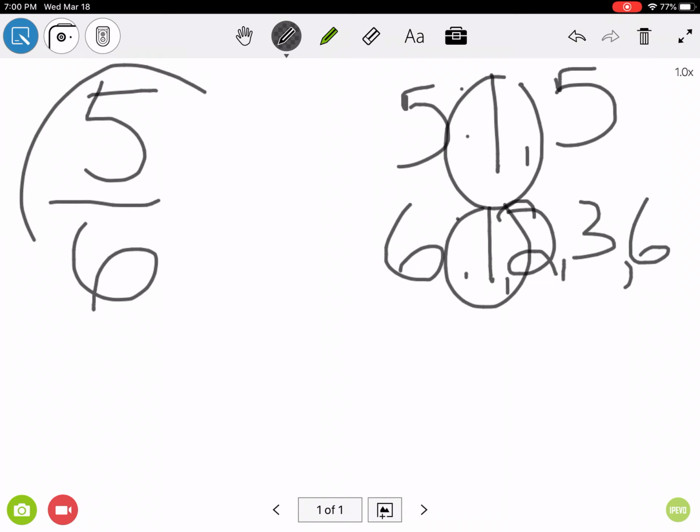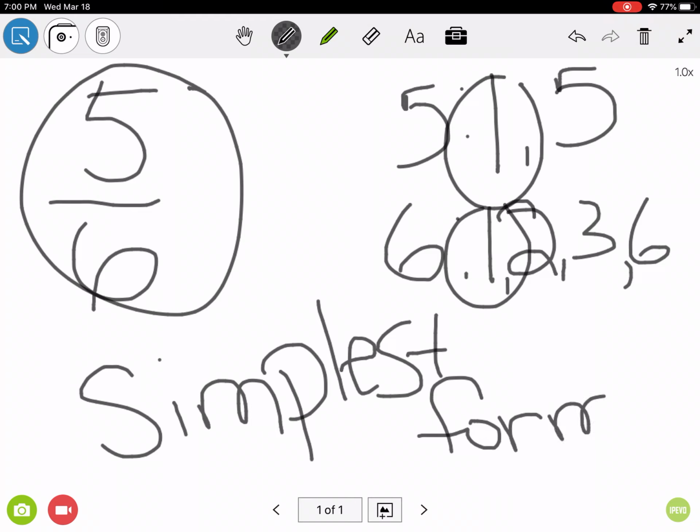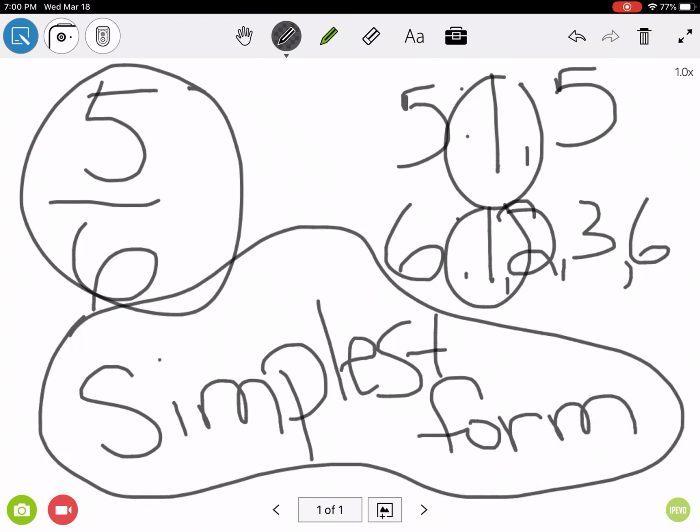So that means that this number is already in simplest form. So for number 3, you're going to write exactly what I have here. Simplest form. Okay? I'm going to give you a second to write that down.